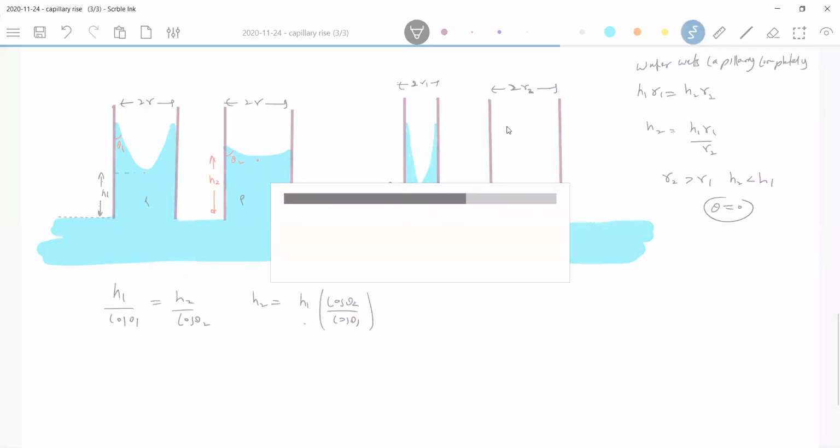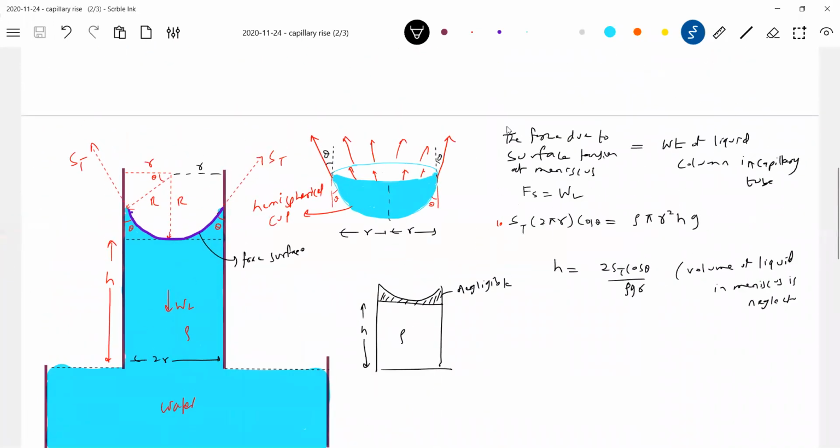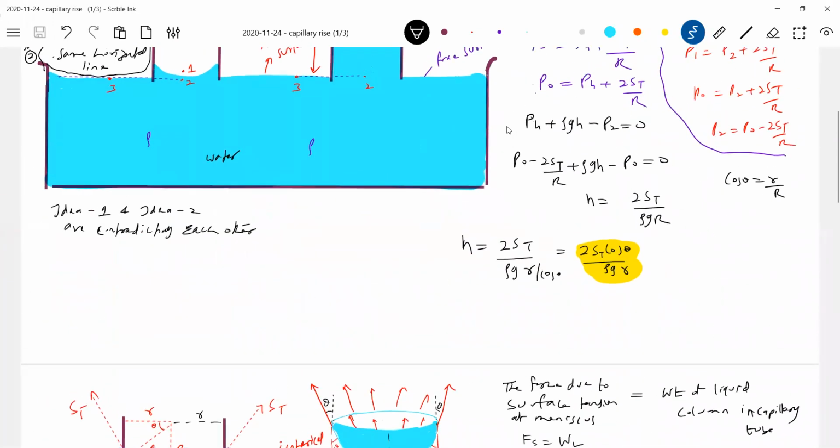Fine. So you may have some questions. I'm trying to give the diagram, but this is what happens here. You can write H1 R1 equal to H2 R2 also, provided the angle of contact remains the same. There's no need of angle of contact if you're going for that. So we can have the H1 R1 equal to H2 R2 condition also. Agree? So these are the different cases that will come.